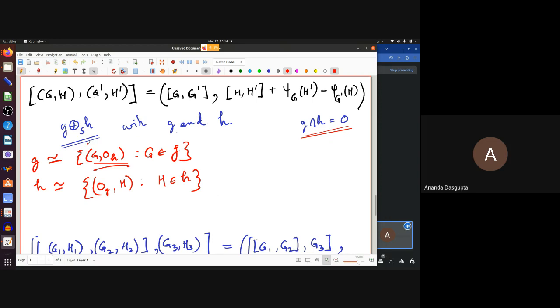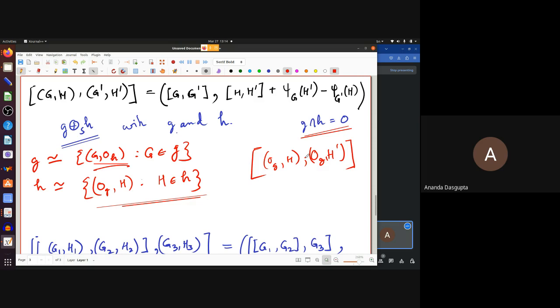By the way, are they both subalgebras? The small g being a subalgebra is easy to understand from this bracket. Is small h a subalgebra? This one. Is it closed under the bracket? That is, if I take two elements like (0, h) and (0, h'), take their Lie bracket, will you get a term like (0, some element of h)?